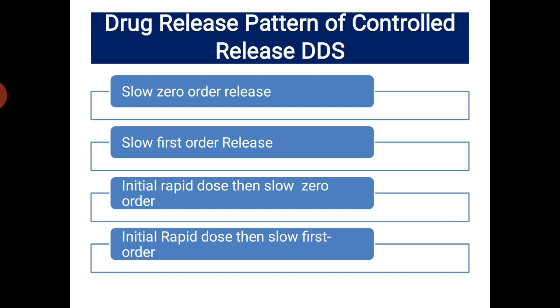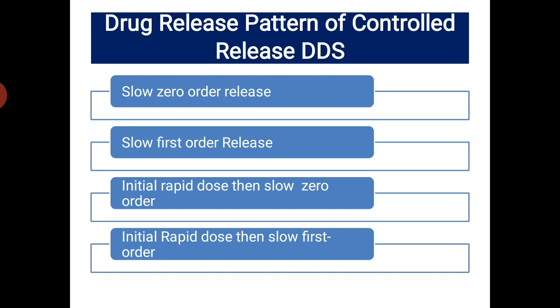like slow zero order process, slow first order release, initial rapid dose then slow zero order, initial rapid dose then slow first order. These are the four different types of release patterns that are followed in case of controlled release drug delivery systems.